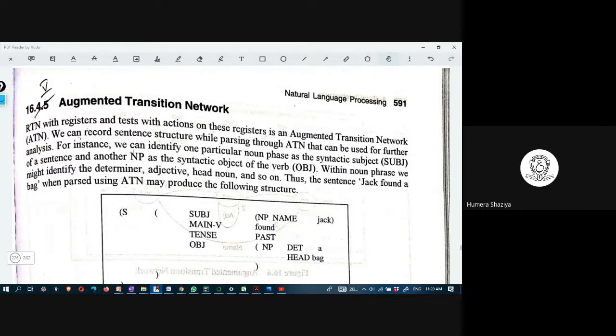In this augmented transition network, apart from understanding recursive sentences, it also associates some kind of memory with this parser. That's why it is known as augmented transition network. The transition network has been augmented with registers. A register is a memory.